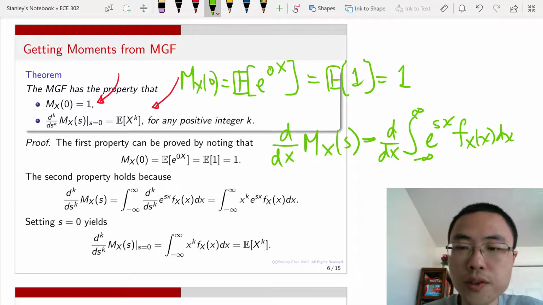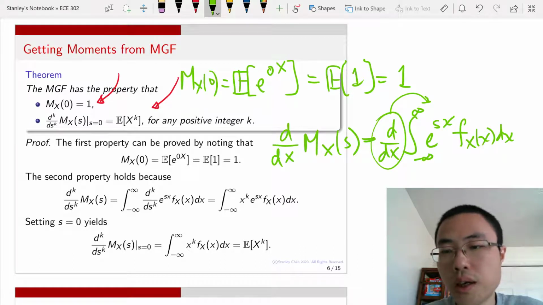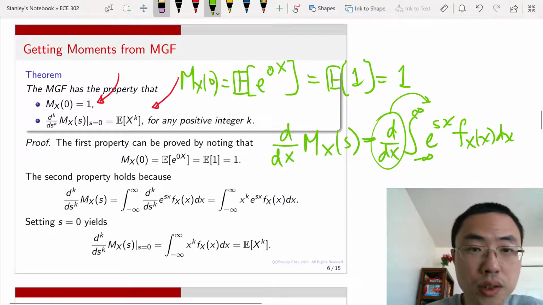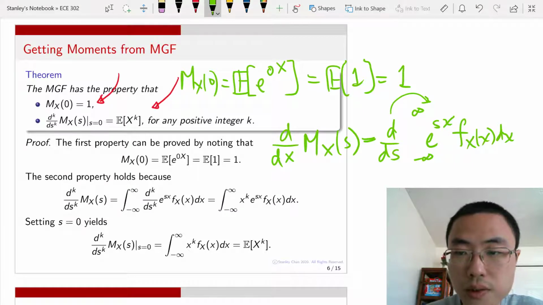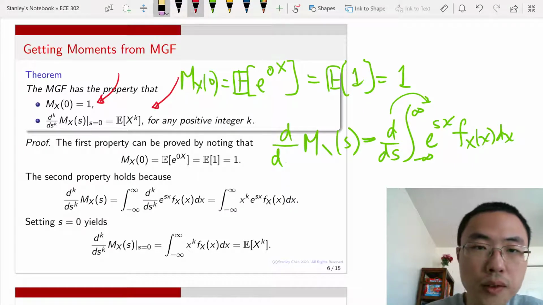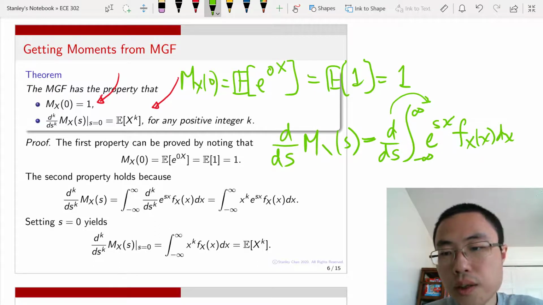So when you have this d/ds and then you have this integration, you can imagine that you can put this d/ds into the integration, because the s has nothing to do with your x.